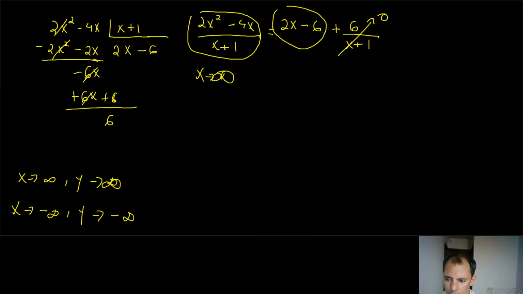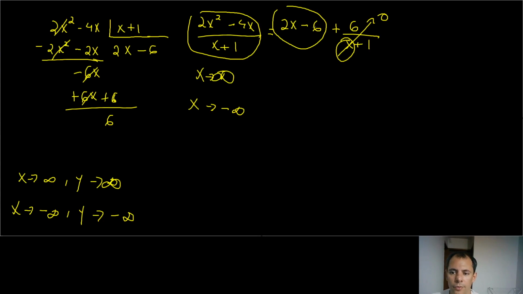It doesn't matter if it's x approaching infinity or negative infinity. With x approaching negative infinity, you're going to have negative infinity here, and this is going to be so large that it's just going to approach 0. So it doesn't matter if x approaches infinity or negative infinity. This equation is going to approach 2x minus 6.